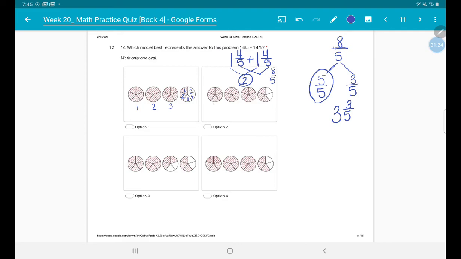Option 2 has 1, 2, 3 wholes and 1, 2, 3 fifths shaded. So this one's going to be our correct answer, option 2. Let's look at this. I'm going to shade as we add just to visualize this problem in another way. So I'm adding 1. I'm going to shade 1 whole.